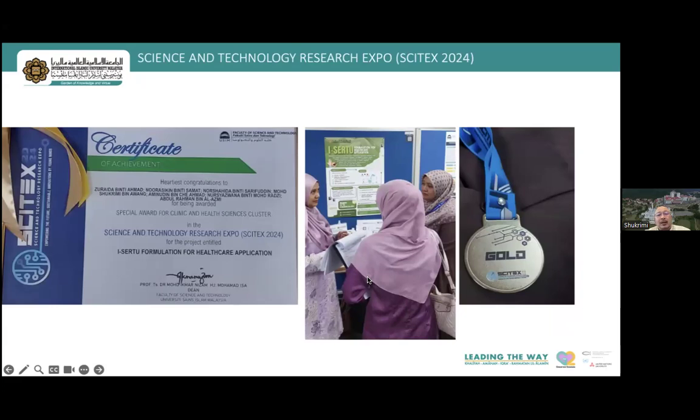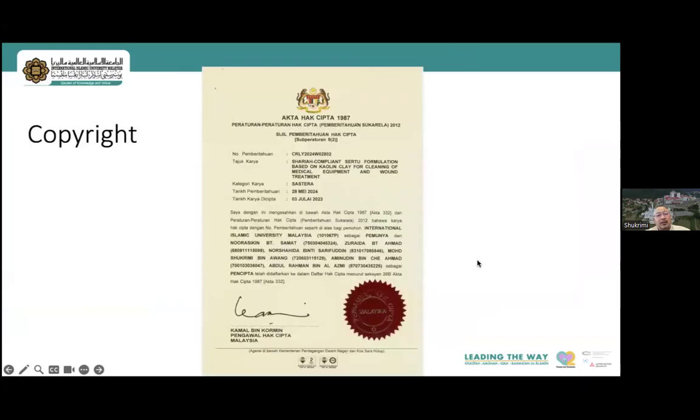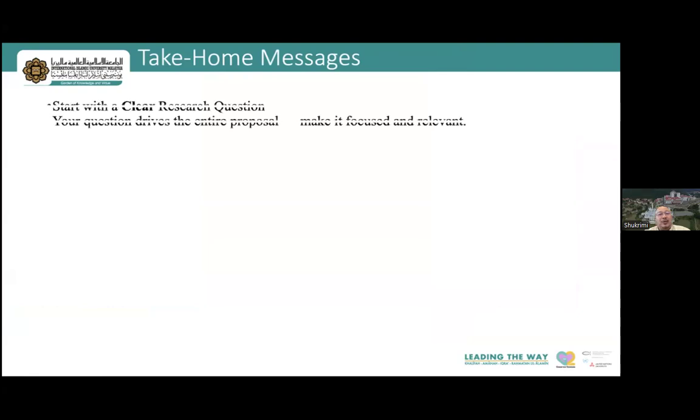And our team also present the outcome of this research in SciTex, and Alhamdulillah, it managed to get a special award and a gold award. Okay, and also we sent for copyright of the protocol of the characterization of the SER2 material. I think that's about all that I want to share.